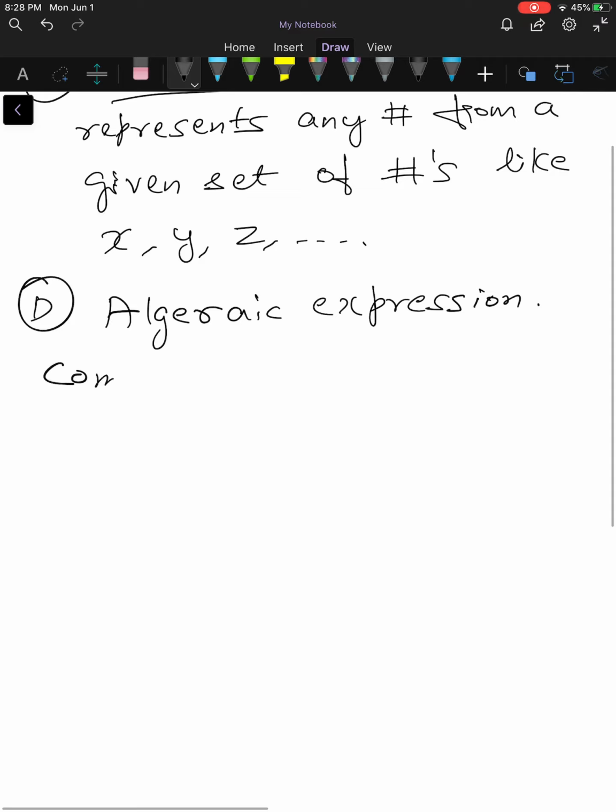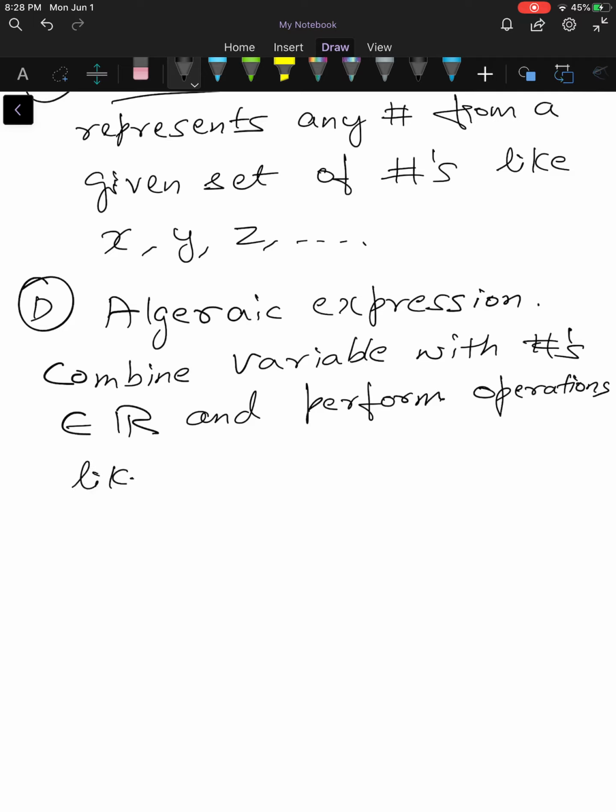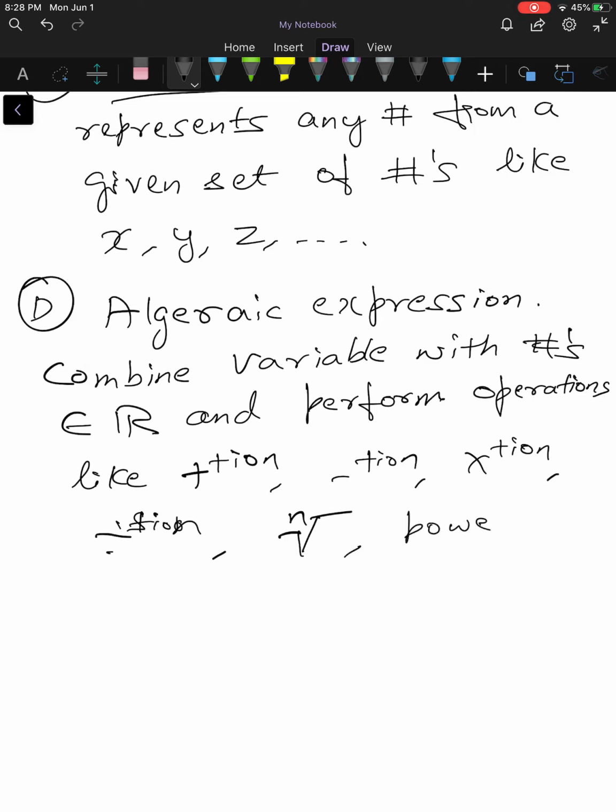If you combine variables with numbers, because we are working in the real domain, that is, we are working with the set of all real numbers, that number can be inside R, and perform operations like all arithmetic operations or whatever operations that we know right now: addition, subtraction, multiplication, division, nth root of a number or power, etc. We get algebraic expressions.